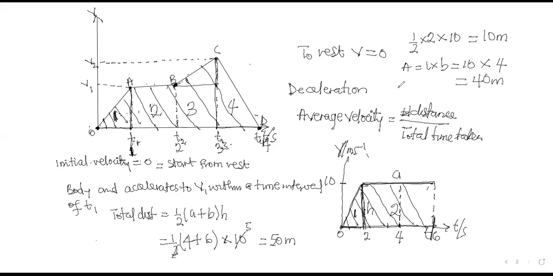Therefore, total distance is equal to the area of the triangle, which gave us 10, plus the area of the rectangle, which is 40, totaling 50. So we are getting the same value as when we had taken it as one area, a trapezium. Class, are you okay?